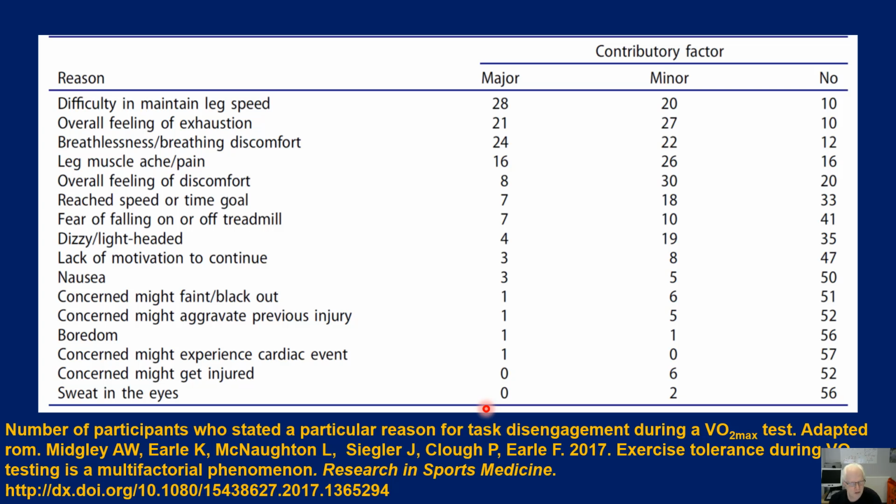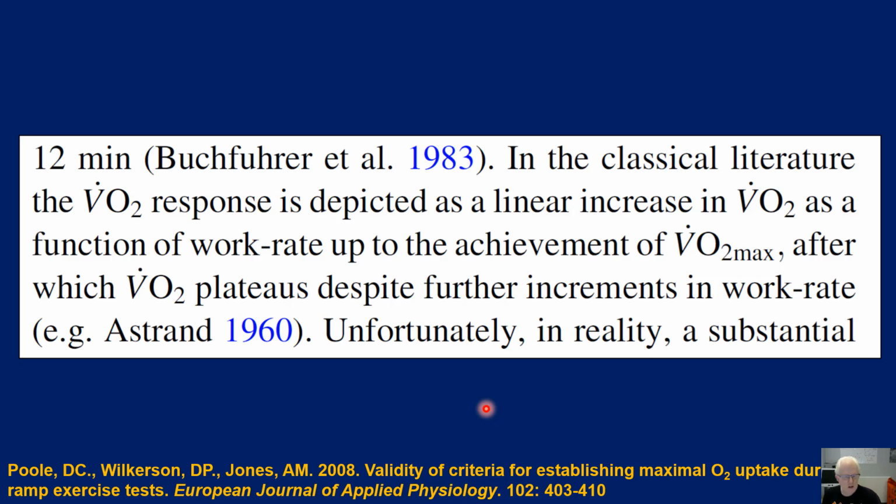And this then has ramifications. And this is where the idea of having some way of ascertaining whether a max effort was given is really important. And this is where the idea of our VO2 plateau comes from, or stems from. So this is from Dave Paul and Andy Jones, published in 2008. And this really starts our little discussion here.